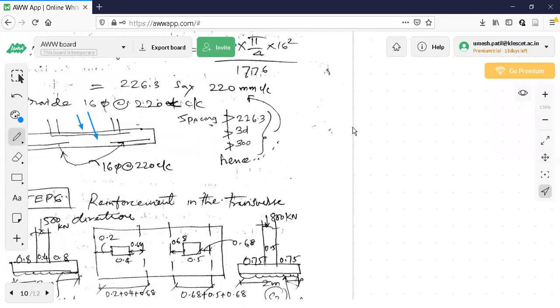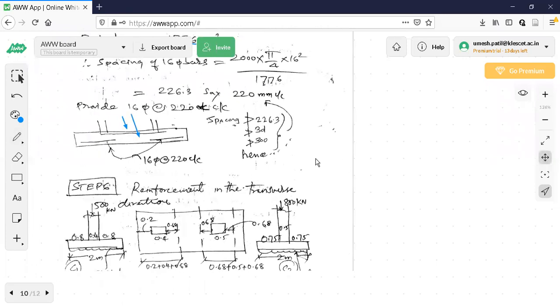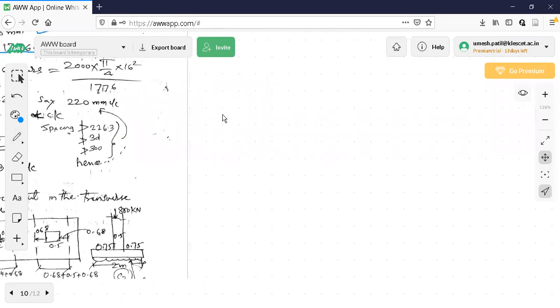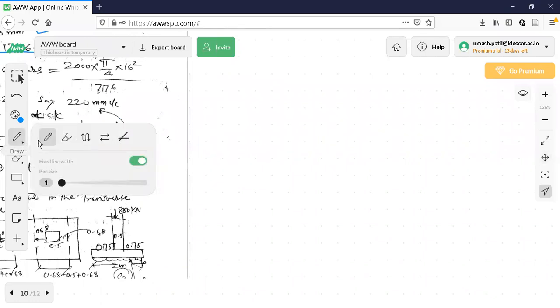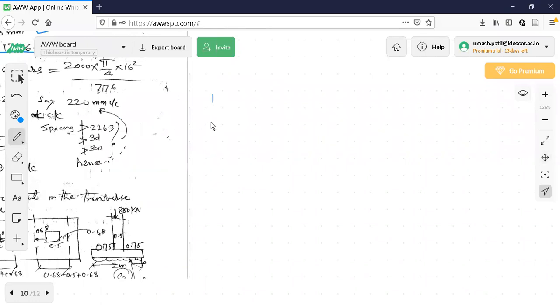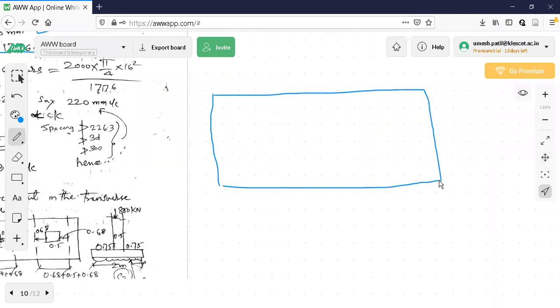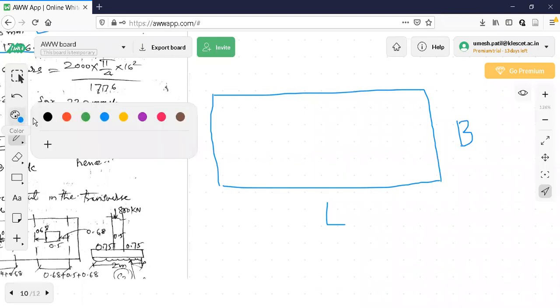Now you look at this plan here. This is L, this is B. Now what I have done in step 5, I'll show you. Observe here.